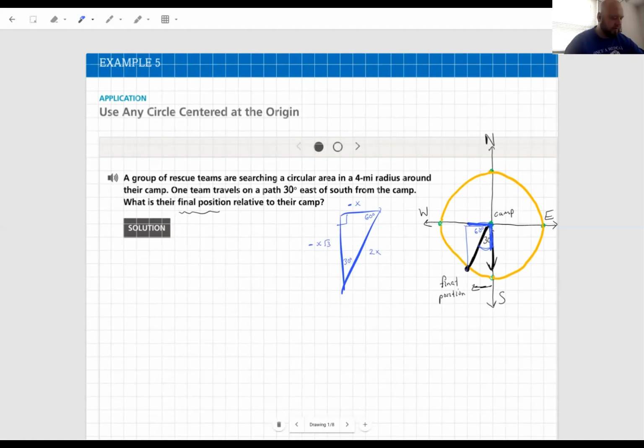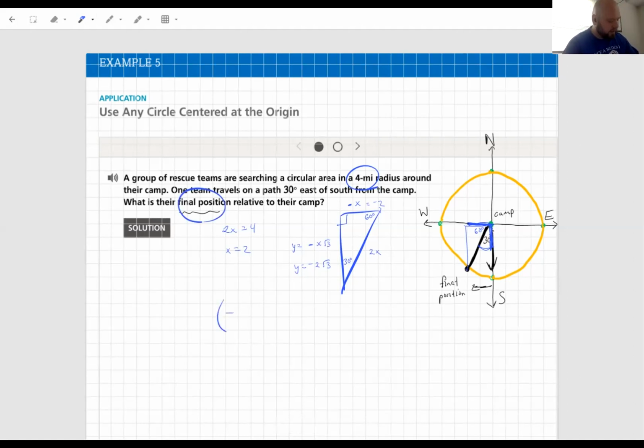The hypotenuse for us is our 4-mile radius. So we're going to say that our hypotenuse is equal to 4, which means that x is equal to 2. And on our shape, we can see x is therefore going to be -2. And we can see our y value is going to be -2 square root 3. So the final position is a coordinate point.